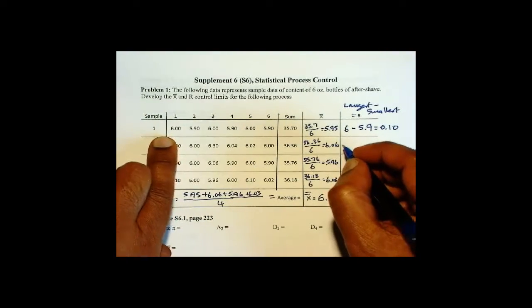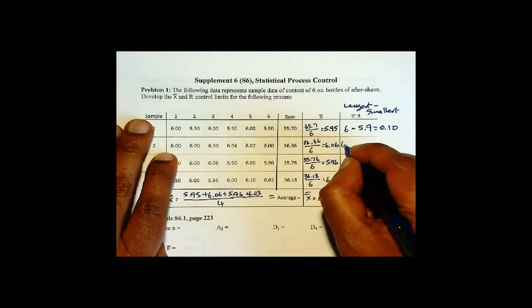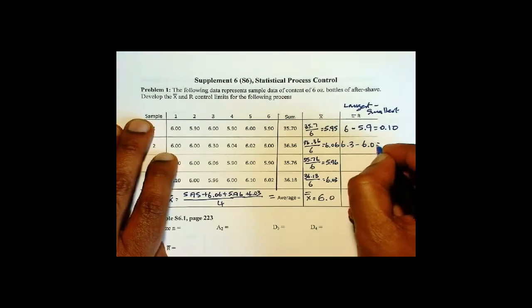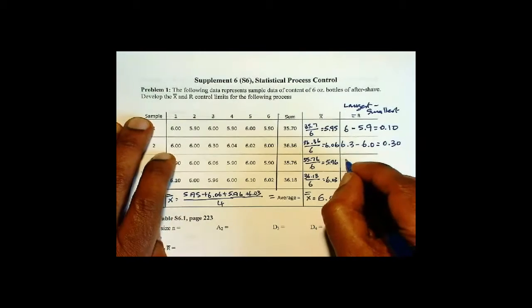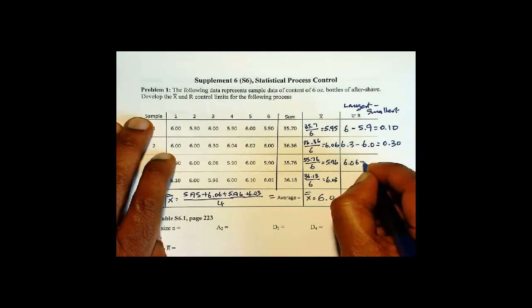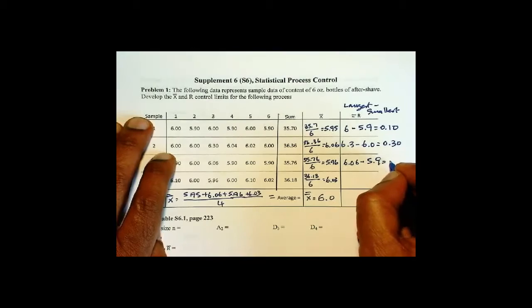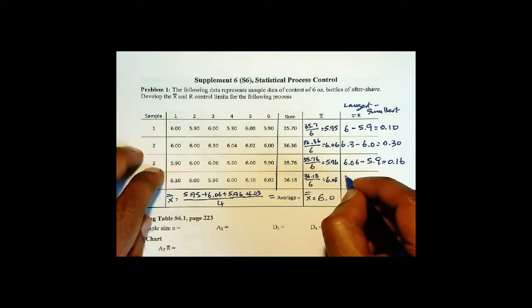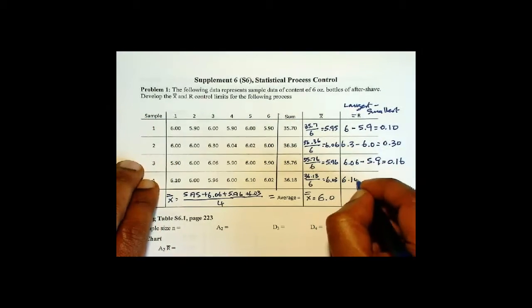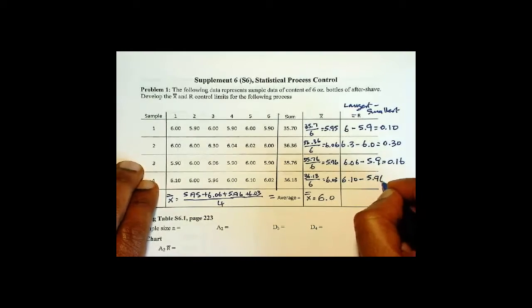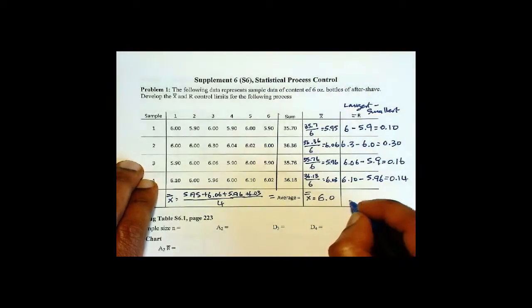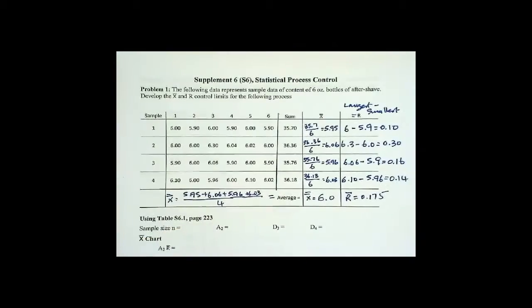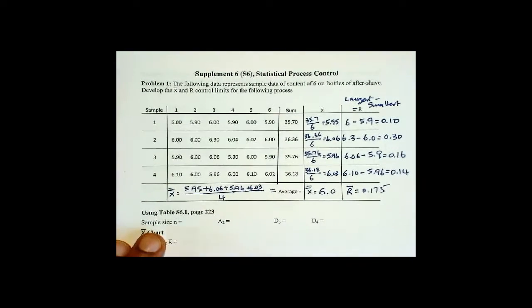Next one, 6.3 minus 6 is 0.3, then 6.06 minus 5.9 is 0.16, and 6.1 minus 5.96 is 0.14, and you average these and you get 0.175.